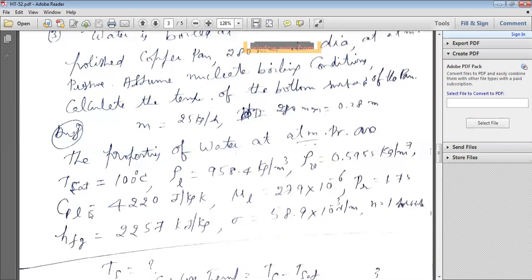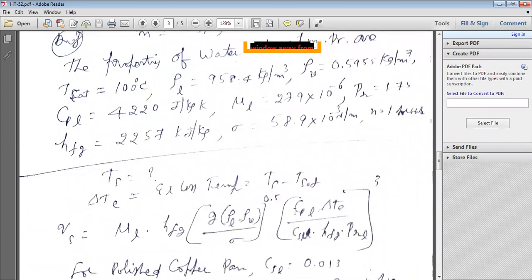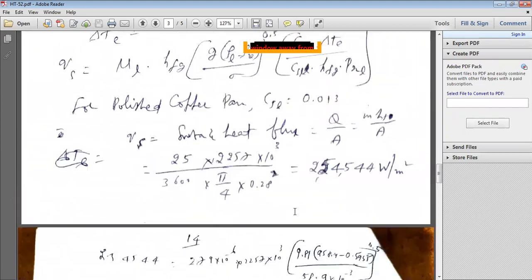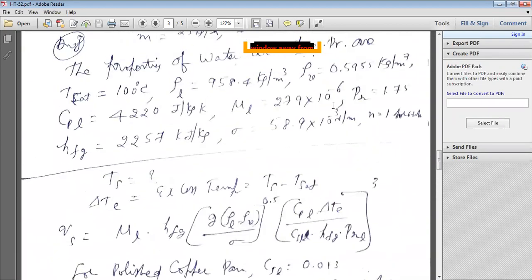Specific heat of the liquid at constant pressure is 4220 joule per kg Kelvin. Dynamic viscosity of the liquid, mu L, is 279 × 10^-6. Prandtl number for this water is 1.75.